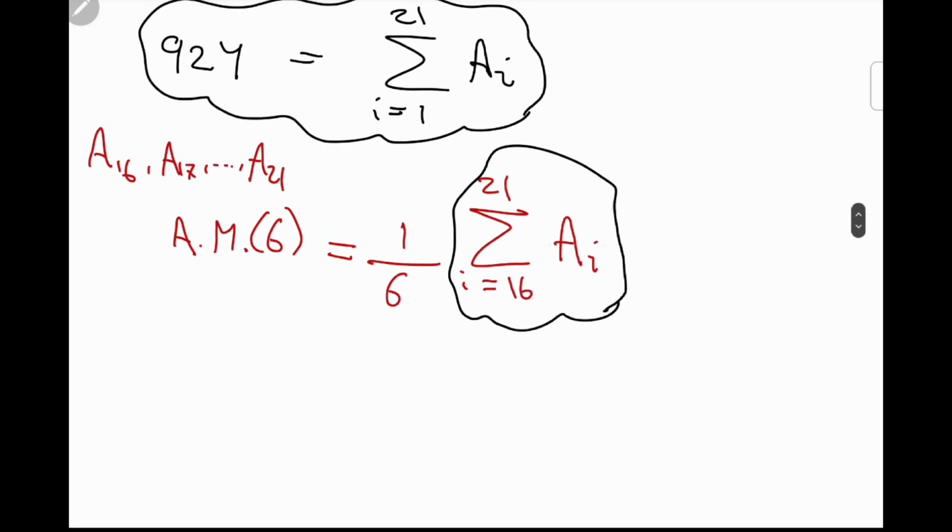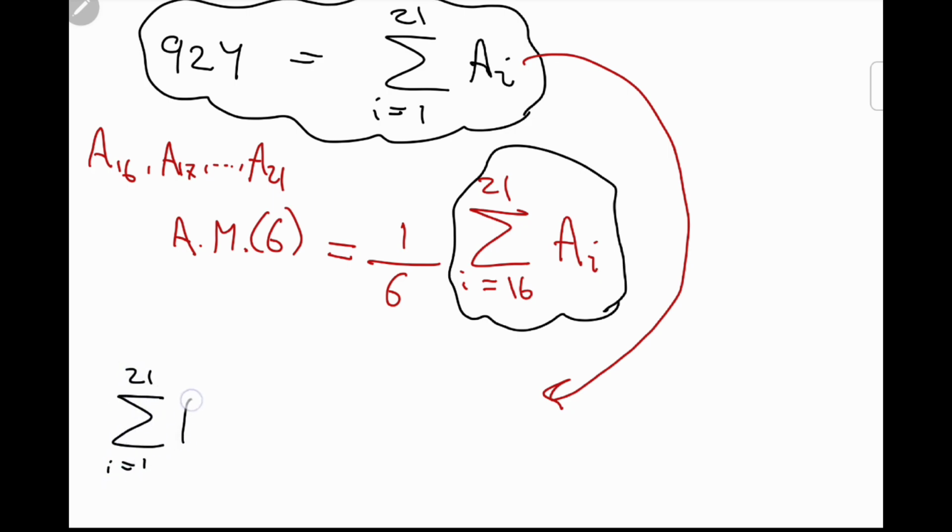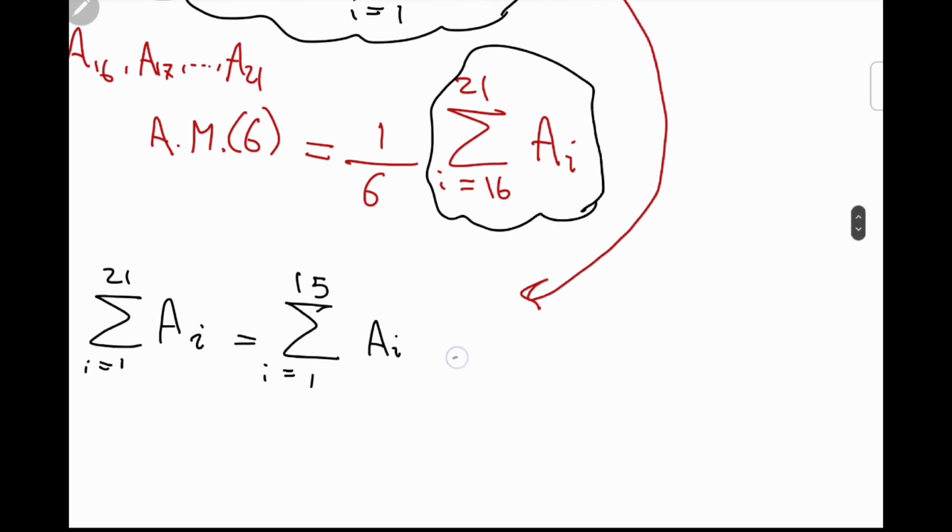How do we do that? From here, you can see that we can break up this summation I equal to 1 to 21 of AI into 2 parts. I equal to 1 to 15 of AI, plus the sum I equal to 16 to 21 of AI. Now easily we can plug in these values.